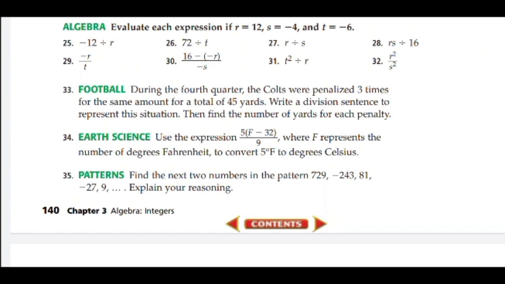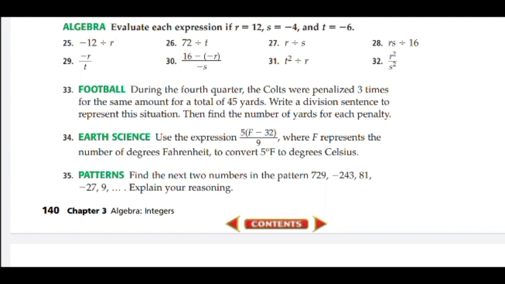Then find the number of yards for each penalty. 34, Science. Use the expression where F represents the number of degrees Fahrenheit to convert 5 degrees Fahrenheit to degrees Celsius.